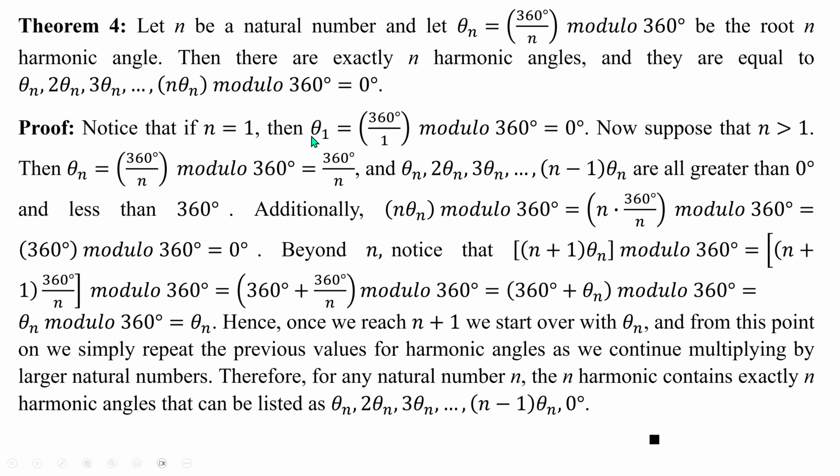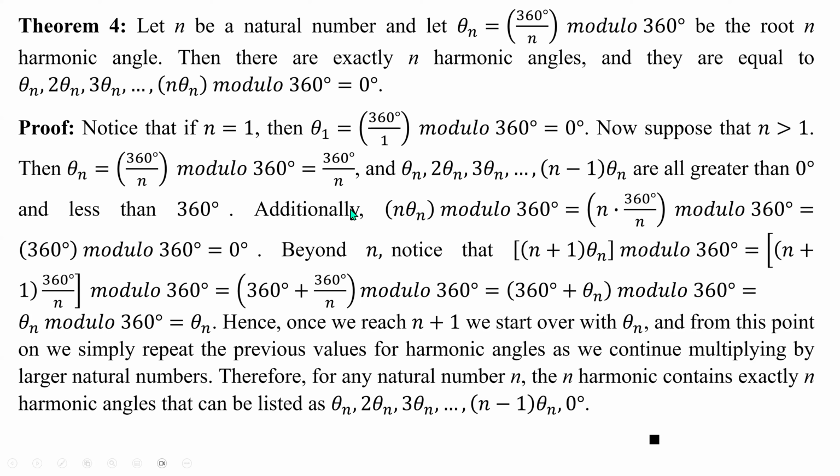If n equals 1, then theta sub 1 is equal to 360 degrees over 1 modulo 360 degrees, and that is going to be equal to 0. And if you multiply theta sub 1 by any other natural number, you just get back 0. So that is the only one harmonic angle we have.